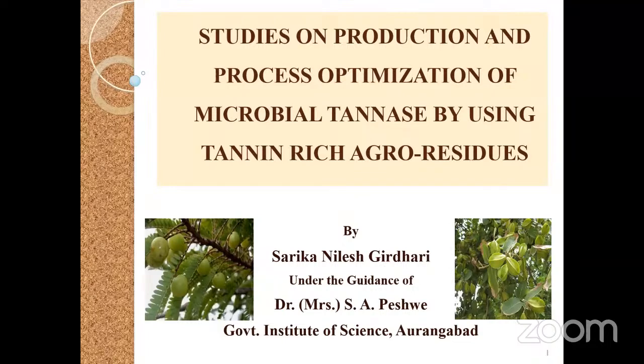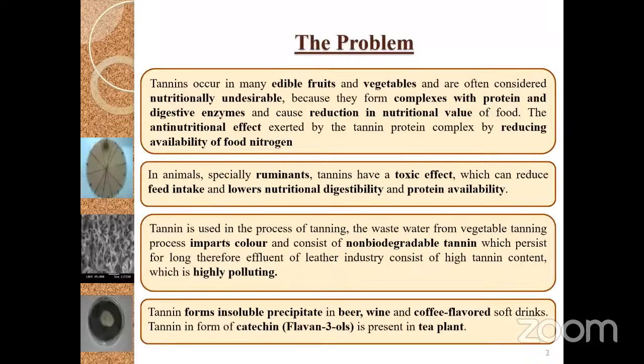After studying the extensive literature, we found that there are many problems behind the occurrence of tannin in nature. Tannins occur in many edible fruits and vegetables, which are considered nutritionally undesirable because they form complexes with proteins and digestive enzymes and reduce the nutritional value of the food. Therefore, they exert an anti-nutritional effect through the protein-tannin complex, reducing the availability of food nitrogen.